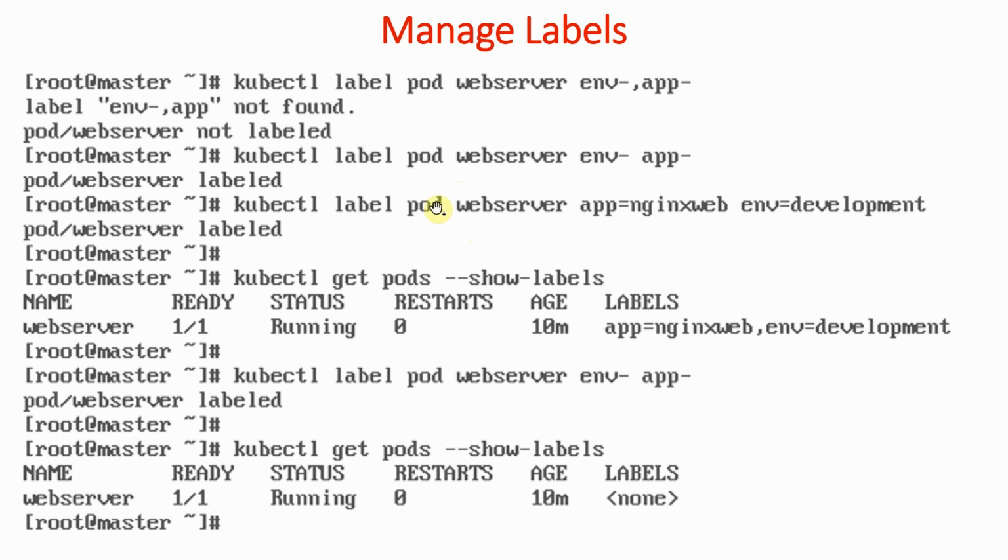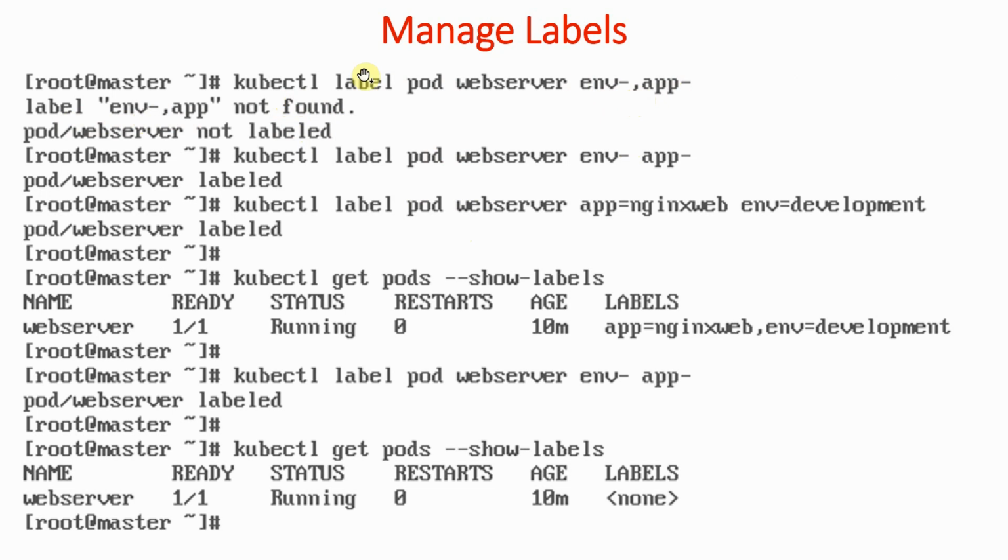Now we want to remove them. Now the command is kubectl label pod webserver env- app-. But since this command was wrong, it is saying label env not found, because when we have to remove multiple labels, you cannot use a comma here, it should be a space.